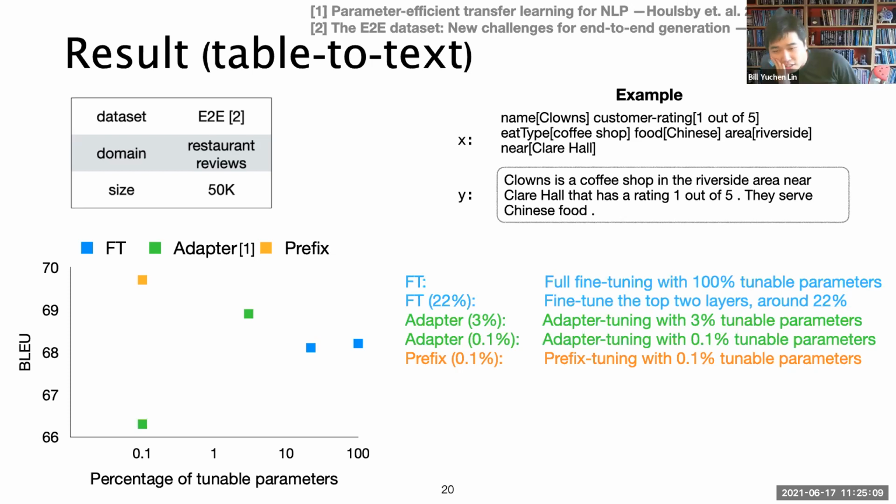Hi Lisa, I have a quick question about the adapter with 0.1% of parameters. Are you reducing the width of each adapter, or making the adapter only on the top K layers? Good question.